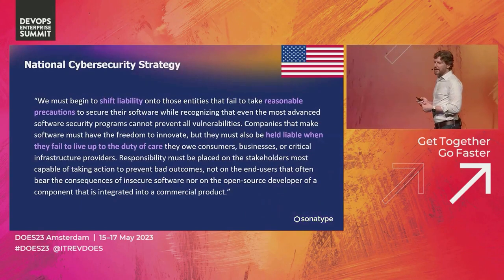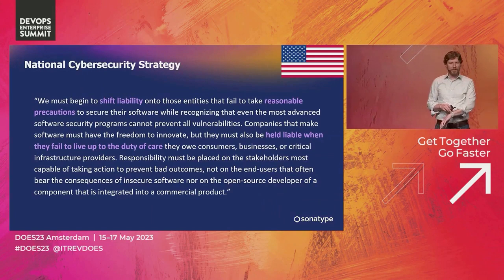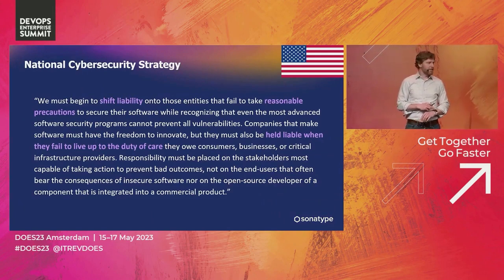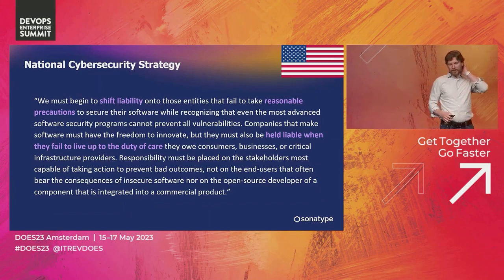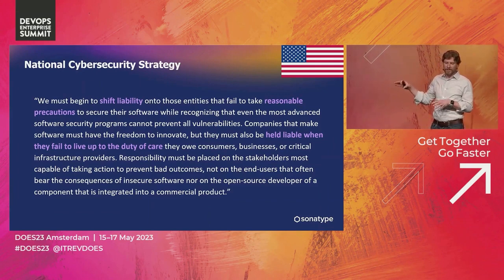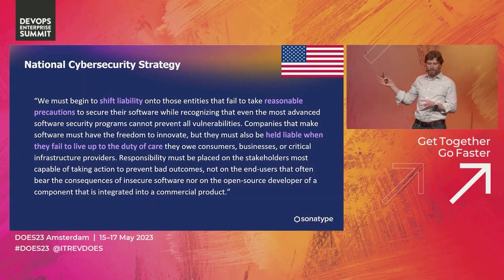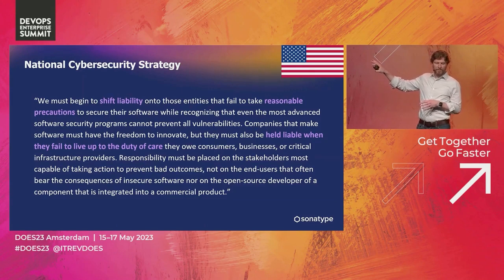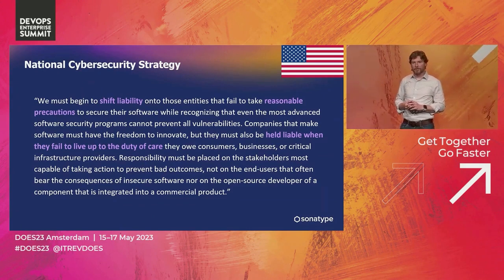And then in the US, the National Cybersecurity Strategy came out a couple of months ago. And it talks very explicitly about shifting liability, which is a huge change in how we deal with things, right? It says we're going to shift liability onto those who fail to take reasonable precautions. Basically, companies will be held liable when they fail to live up to the duty of care that they owe consumers, businesses, or critical infrastructure providers.